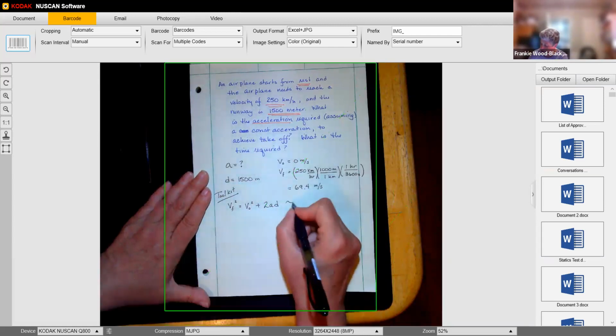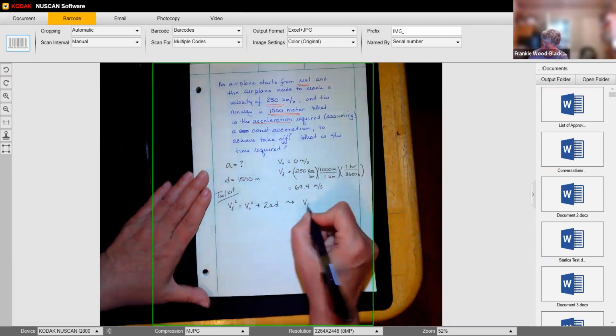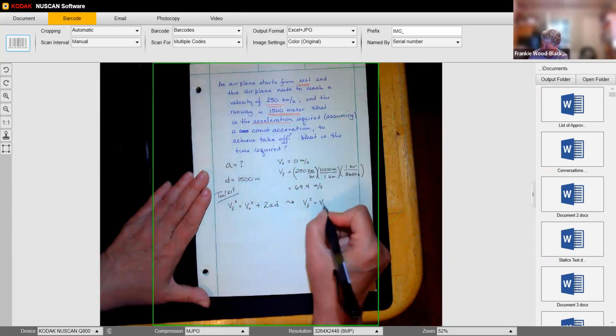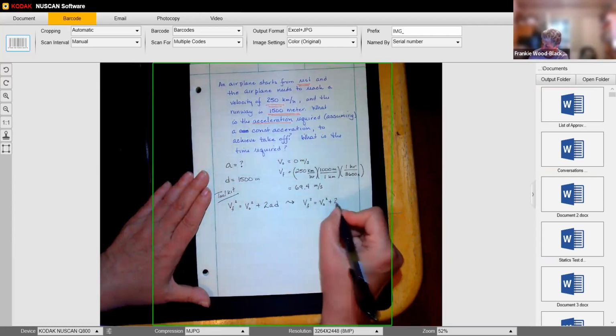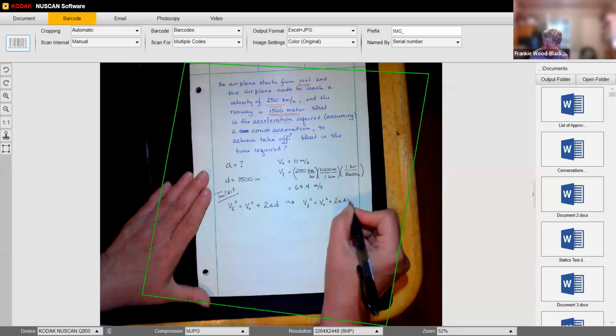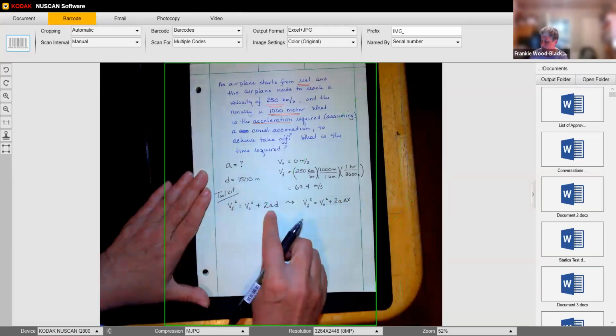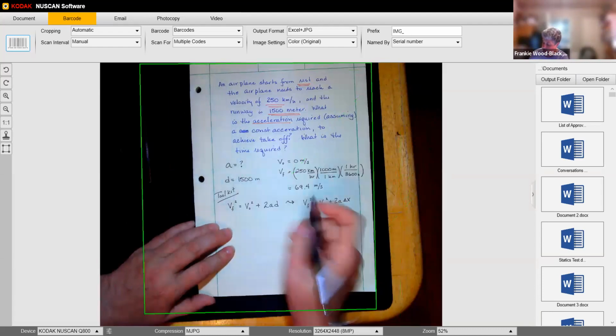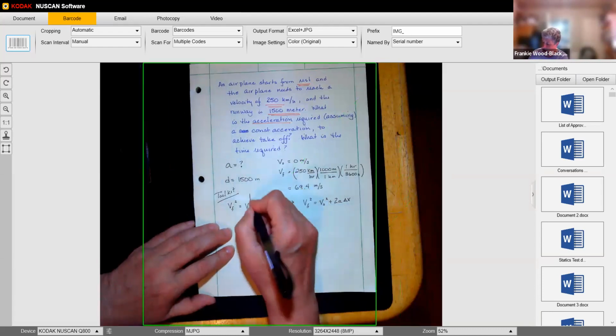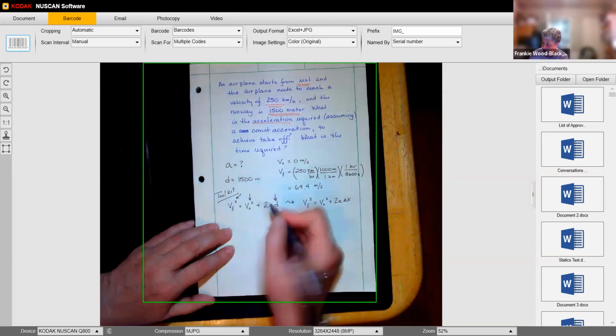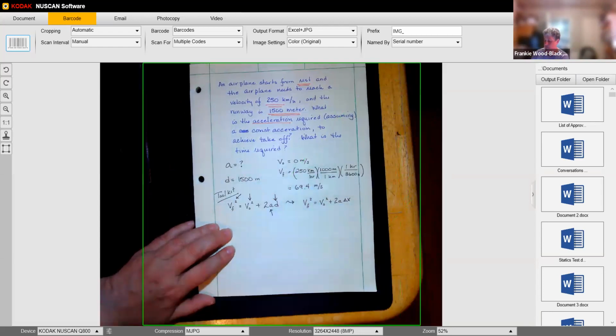And we may have seen this written in the book like this: V final squared is equal to V initial squared plus 2A times my change in position. This one looks pretty good already because we've got a distance, we have an initial velocity, and we have a final velocity, and we're looking for an acceleration.